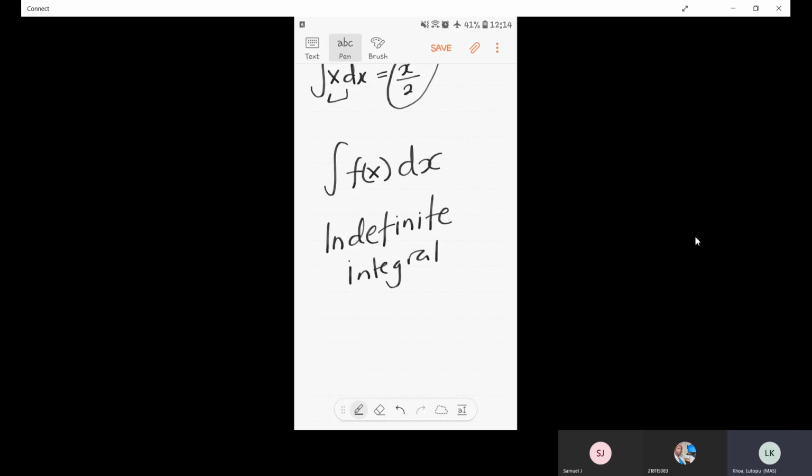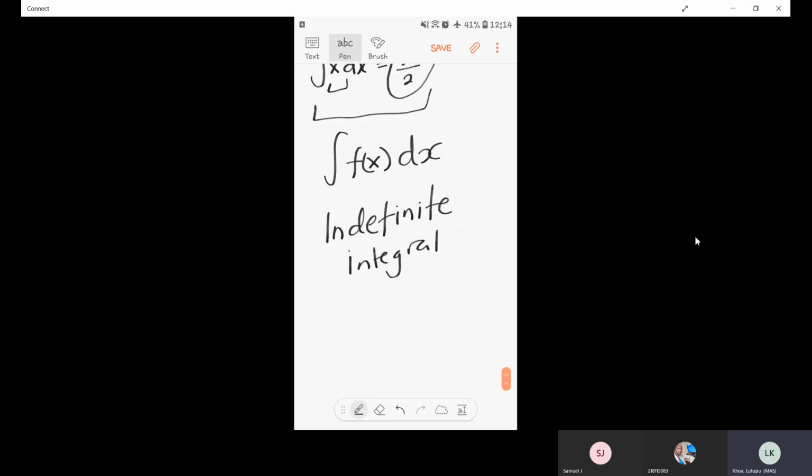Okay, now the indefinite integral, what you get from evaluating the indefinite integral is a family of curves that satisfy the integral. So what that means is this function, when I integrated it, I said the answer is x squared over 2. And that is correct, because when I differentiate x squared over 2, my answer is x. But somebody else could say, but if I differentiate x squared over 2 plus 5, I also get x, isn't it? So if I were to differentiate this, this is still equal to x. The 2 will come down and cancel with the 2 in the denominator, and then the derivative of 5 is equal to 0.